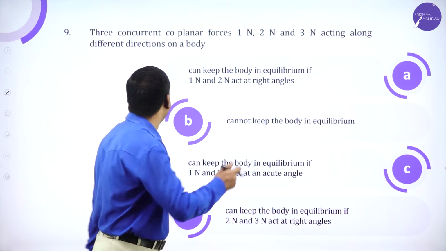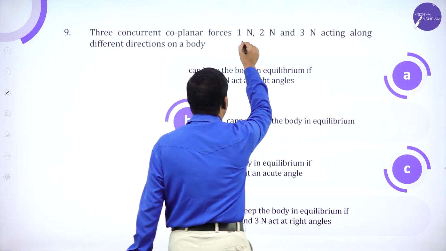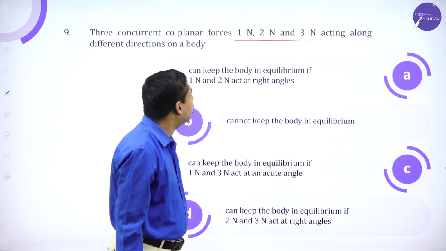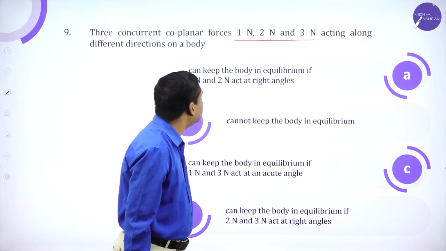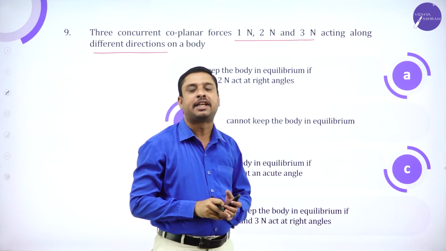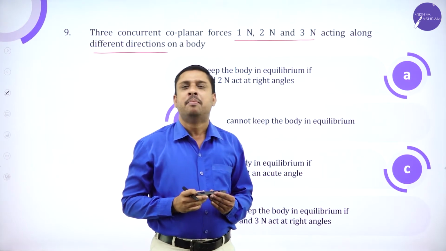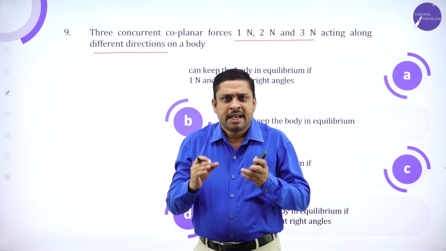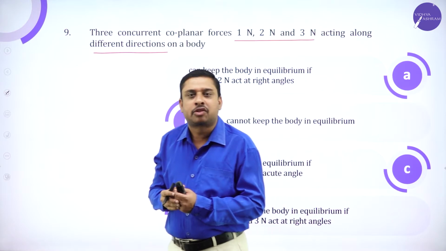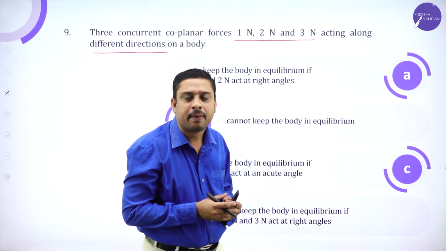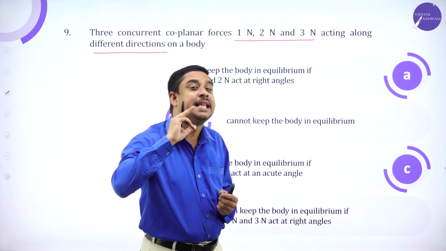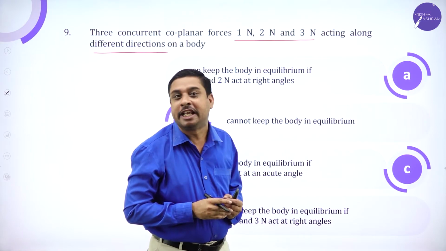3 concurrent coplanar forces, 1 Newton, 2 Newton and 3 Newton, act on a body in different directions. My dear students, if a system of forces acts on a body, at least 2 of them should be in the same direction for equilibrium.